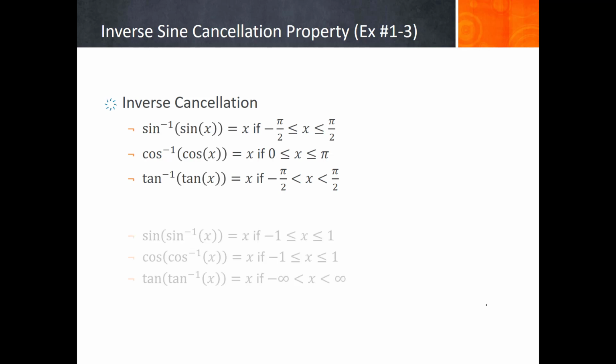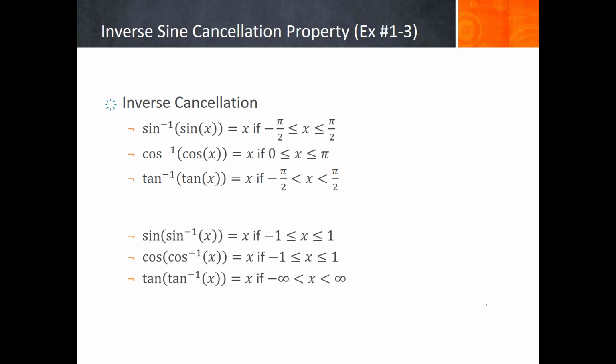All right, the other 3 options that we want to look at is if you put the inverse into the original function. So if you computed the sine of the inverse sine of x, that will cancel out and leave you just an x, if the x is between negative 1 and 1. Well, why does that work? Well, that's the range of the function sine x. It is the domain of inverse sine. So if you tried putting a number that was bigger than 1 in for x, like a 2, it would automatically be undefined because you can't compute the inverse sine of 2.